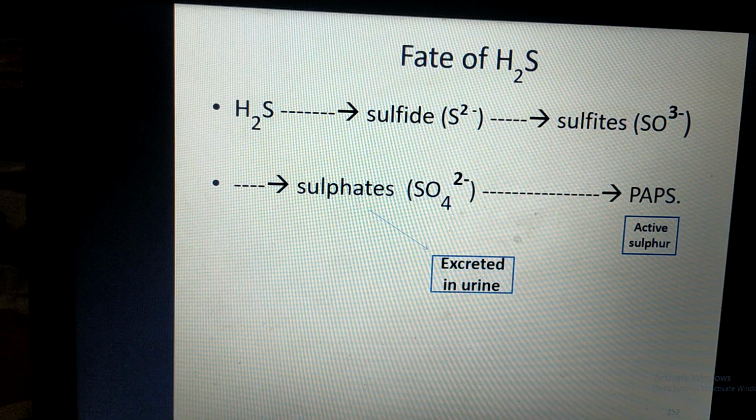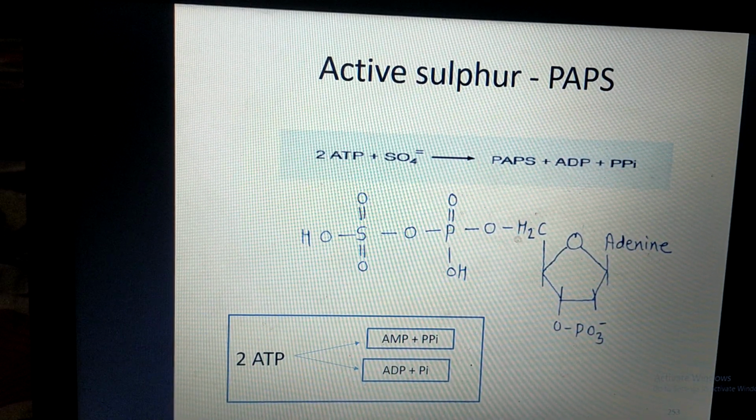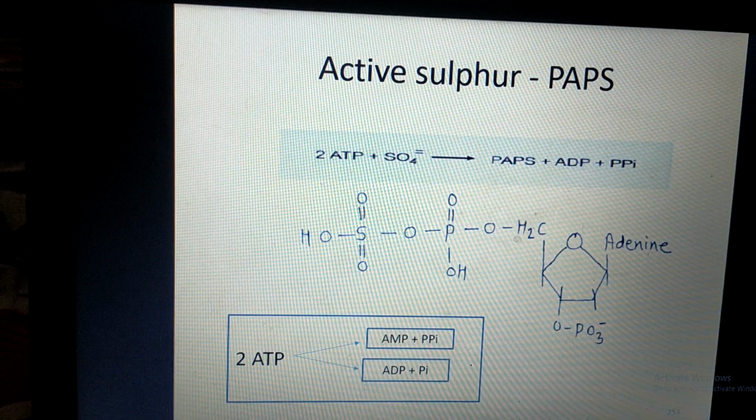Now this sulfate has two fates. Either it is excreted into the urine, or this sulfate may be converted into PAPS. The long form is phosphoadenosine phosphosulfate. This phosphoadenosine phosphosulfate is called active sulfur.